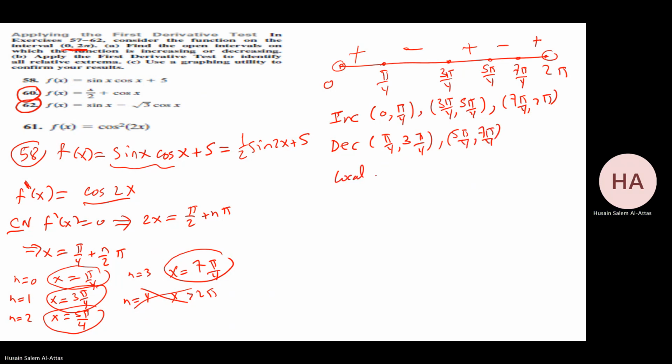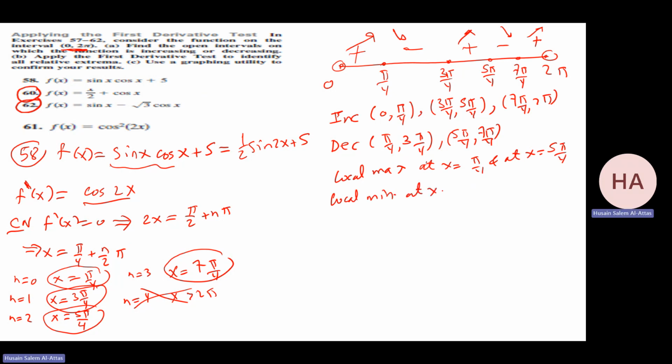Local maximum, that will be increasing, decreasing, increasing, decreasing, increasing. So I have local maximum at what? At x equals pi over 4 and at x equals 5 pi over 4. Local min at x equals 3 pi over 4 and at x equals 7 pi over 4.